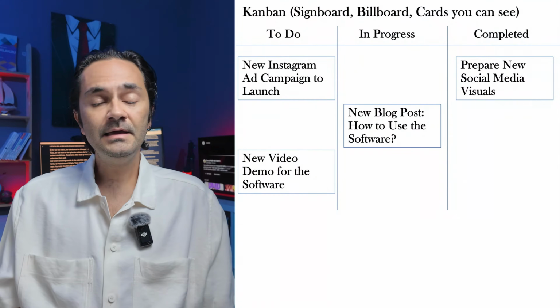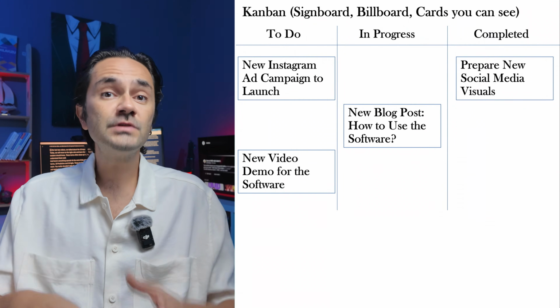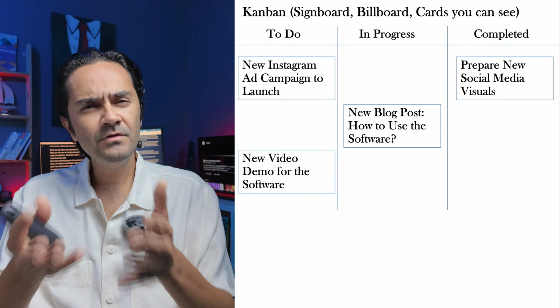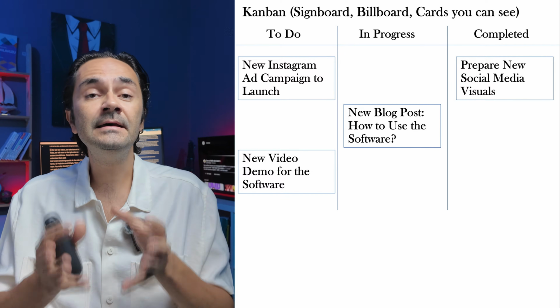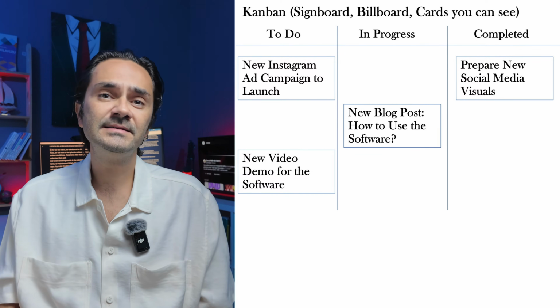We can use a Kanban board to quickly see what everyone is working on and how tasks are progressing. It's helpful because it makes all the work visible, helps the team spot problems early, and keeps the workflow running smoothly. In Kanban, teams also use a work in progress limit, which means setting a maximum number of tasks that can be in the in progress column at one time.